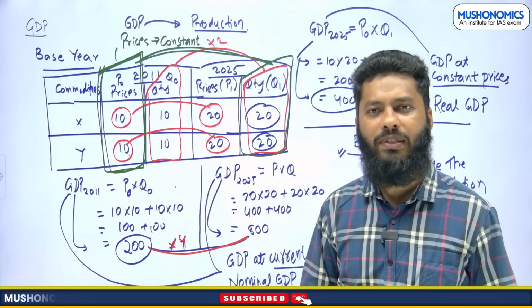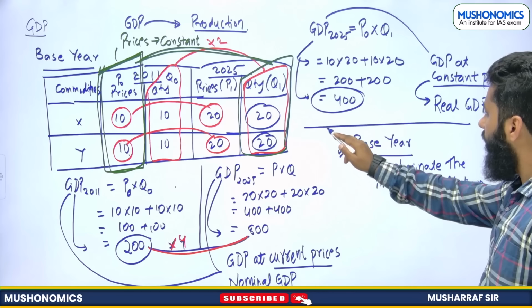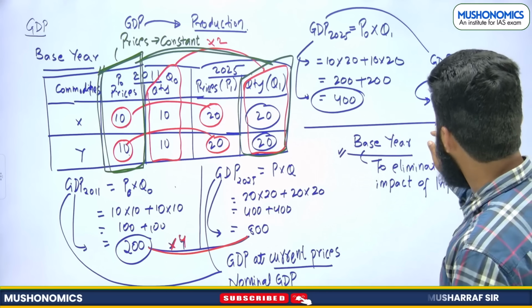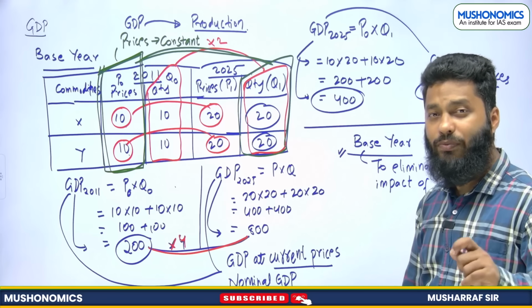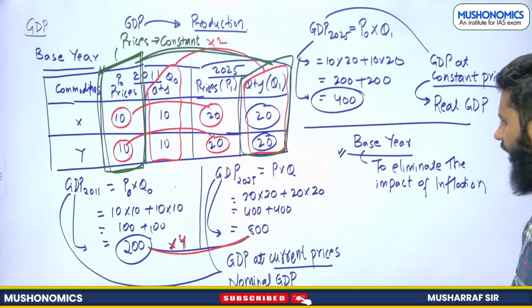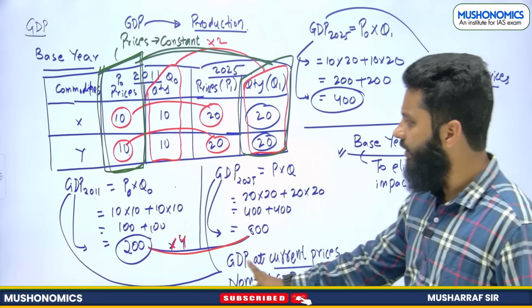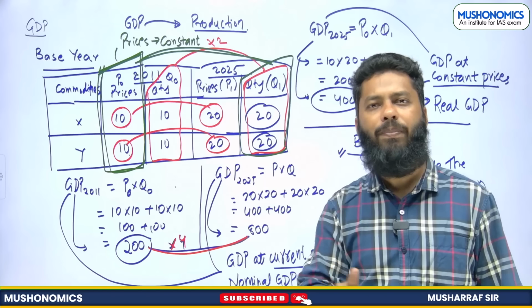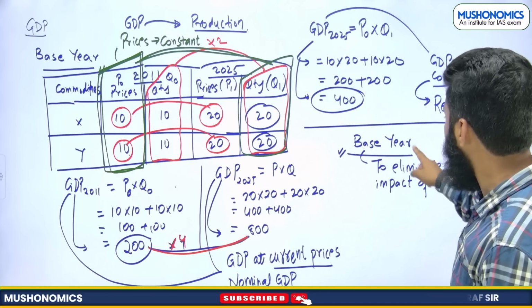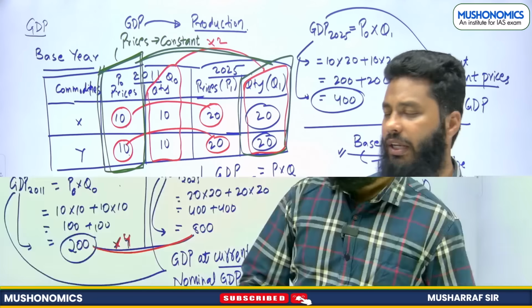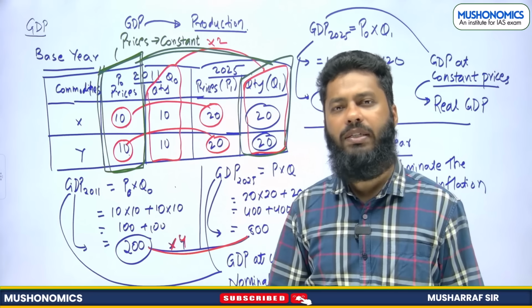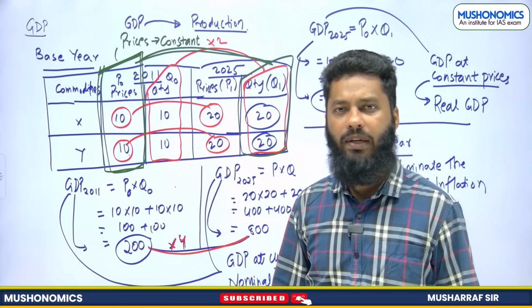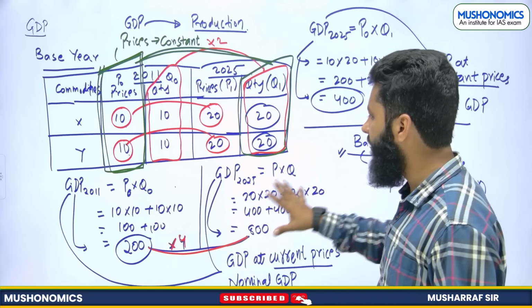I hope we are able to understand this now. GDP at current prices, GDP at constant prices, nominal GDP, real GDP. Real GDP takes the base year into consideration, keeps prices constant, and focuses only on the increase in production. So this is the idea of real GDP and nominal GDP.